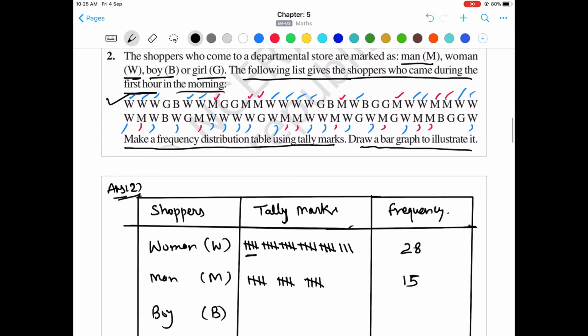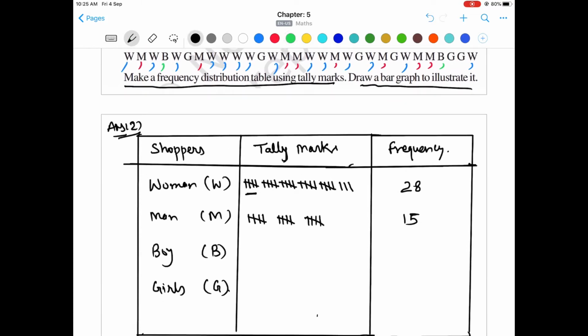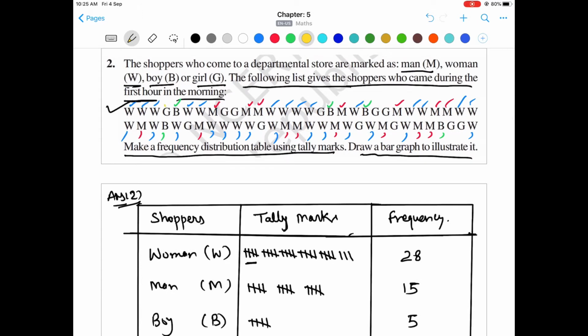Okay, now let's count the number of boys. 1 2 3 4 5. Okay, there are only 5 boys, so write the tally mark: 1 2 3 4 and 5, and write the number here, 5. Okay, next we'll count the number of girls. 1 2 3 4 5 6 7 8 9 10 11 and 12.